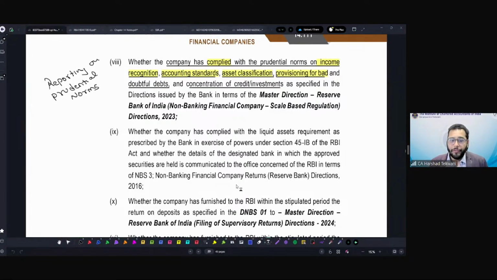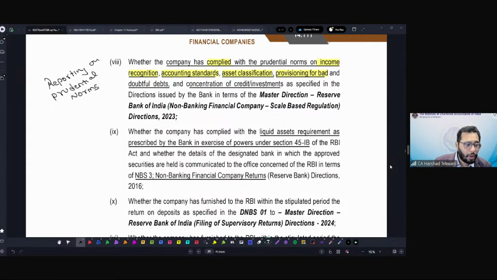Okay, so first of all, whether that has been reported by the non-banking financial companies in NBS 3 or not. If yes, then it has been calculated appropriately or not. So liquid asset requirements as specified in 45 IB. 45 IB says you need to maintain as per the specified number. The specified number again goes to your scale-based regulation.